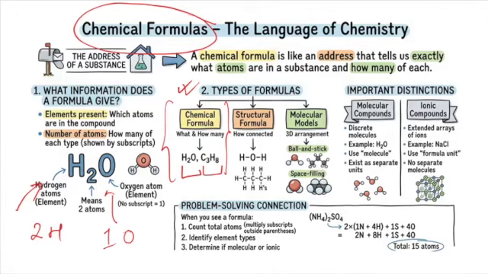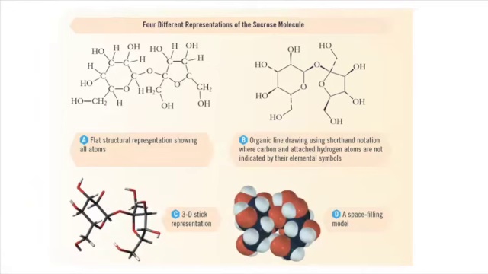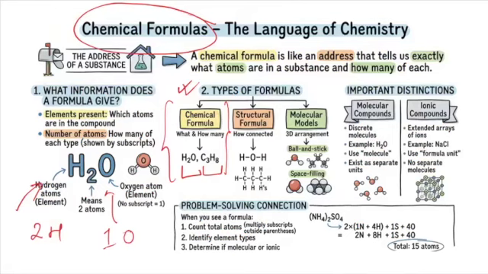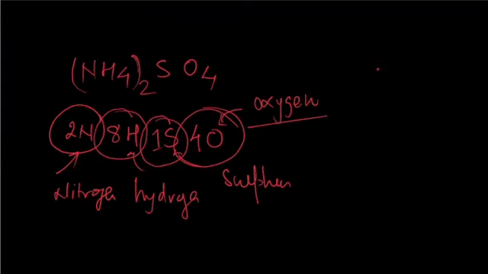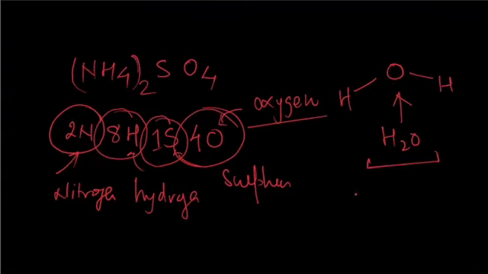Second is what is called the structural formula. In the structural formula, we show how the molecule actually looks. For example, H2O will look like there is 1 oxygen and there are 2 hydrogen. It is again H2O only, but this time we are showing which atoms are combining with which. So this kind of thing is what we call structural formula.